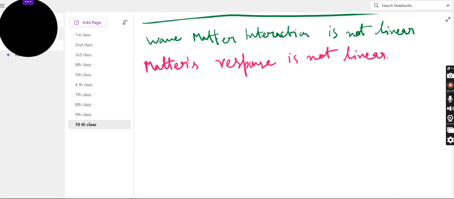There are some materials, like crystals, which have an E axis and an O axis, the extraordinary axis and the ordinary axis, and the refractive index along the E axis and the O axis is not equal. So basically, the matter's response is not linear in all directions.